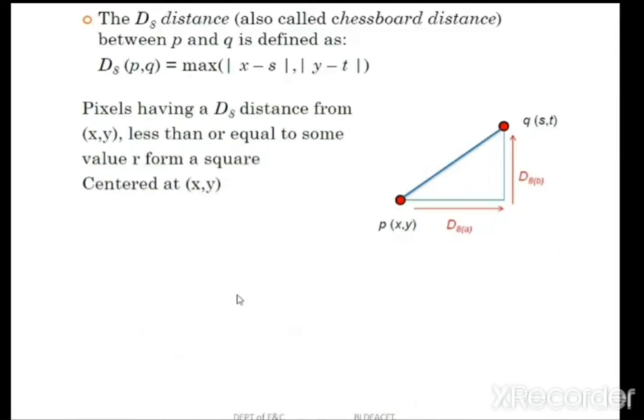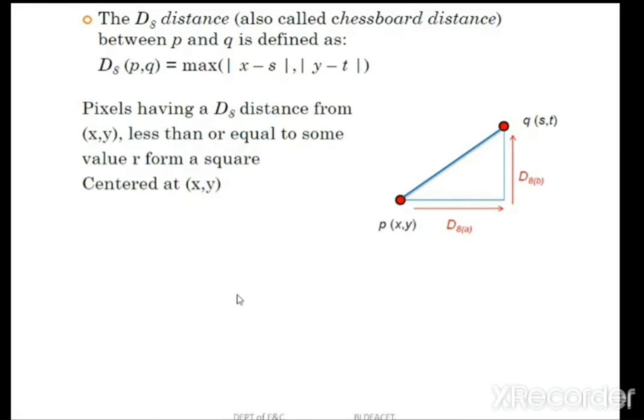Next we have D8 distance, given by the maximum of the absolute value of x minus s comma absolute value of y minus t. If you consider D8 distance for any pixel at location x comma y, it is going to form a square shape. That's why it is named chessboard distance.